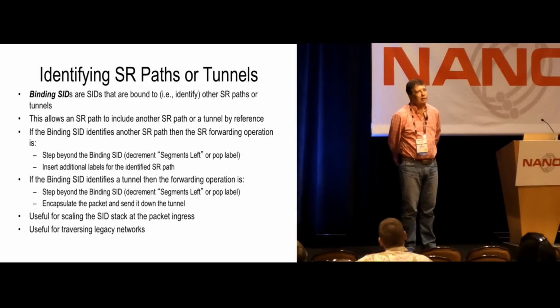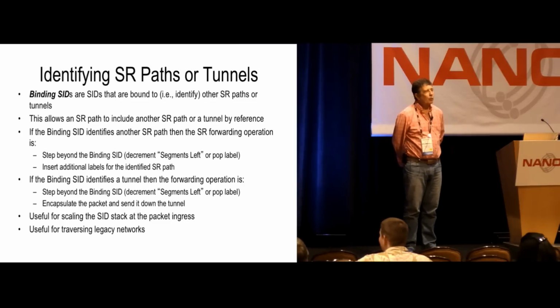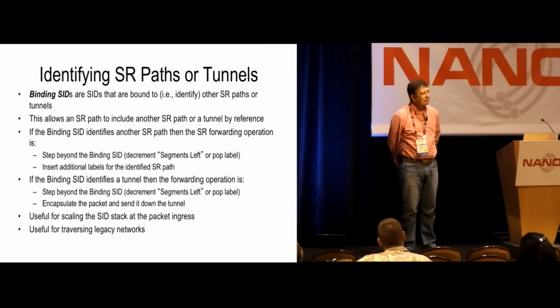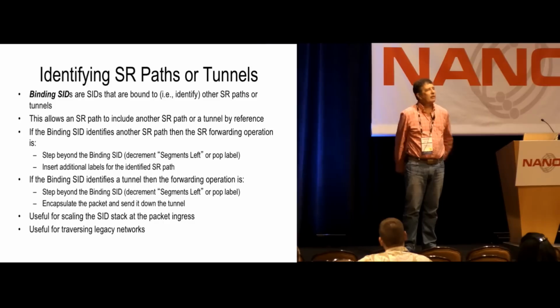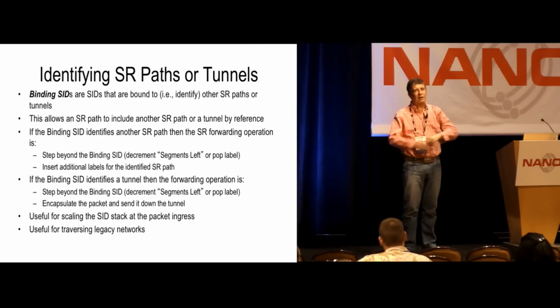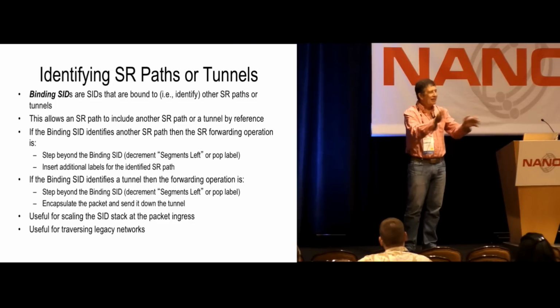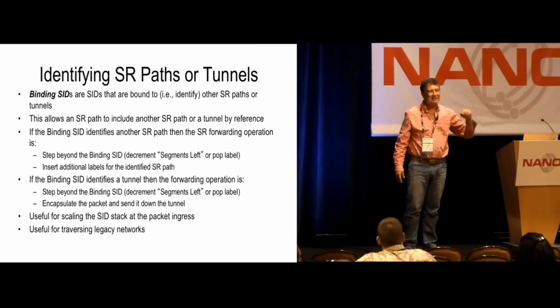Let's make it even more complicated. It has 10 hops, all of which have to be adjacency hops. You're not allowed to do it any other way. And I realize it's kind of a contorted thing to do.